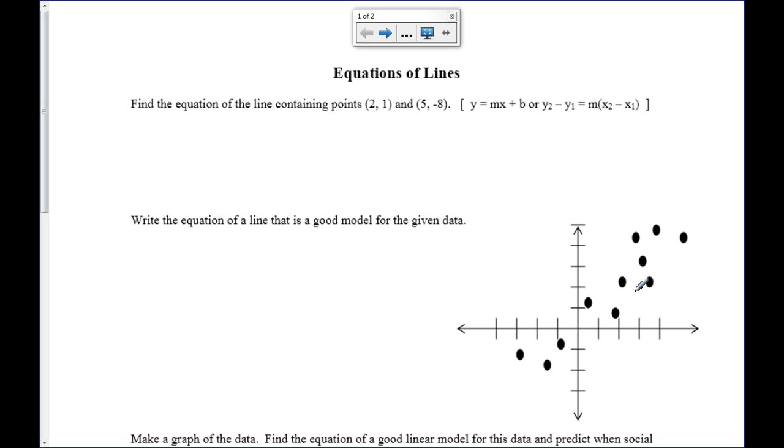So the first basic thing you need to remember for this is we need to be able to find a line between 2 points. So let's just review that really quick.